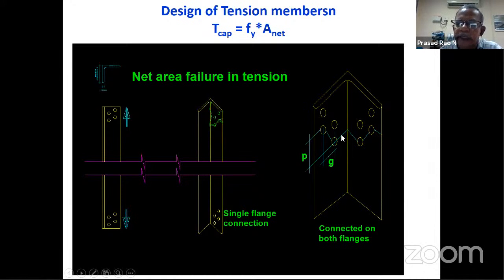Suppose the path is like this, then we have to take the first hole fully, then the next corresponding holes, part of the holes will be contributing in the failure. So that reduced area we have to take. The area has to be reduced for these bolts also, and this is called block shear. This can be avoided by providing sufficient pitch distance and sufficient gauge distance.